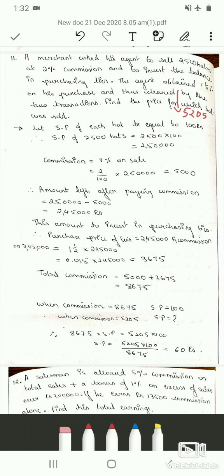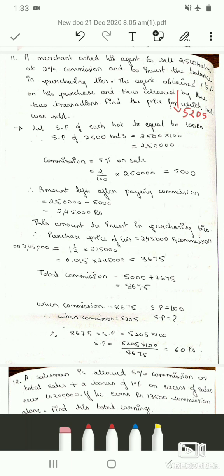So in this question they have asked us to find out the price for which a hat was sold. The merchant asks his agent to sell 2500 hats at 2% commission, and the balance is nothing but the selling price of 2500 hats minus the commission given to the agent.